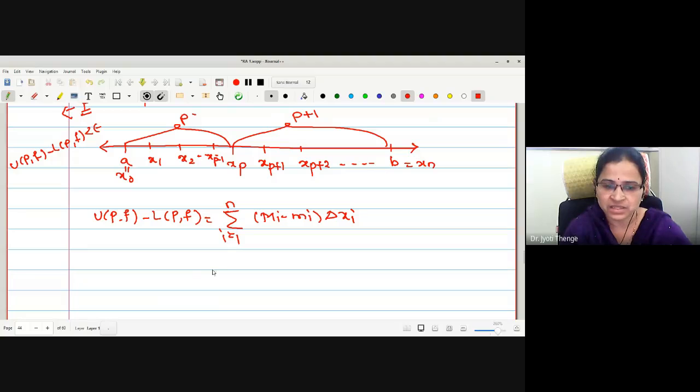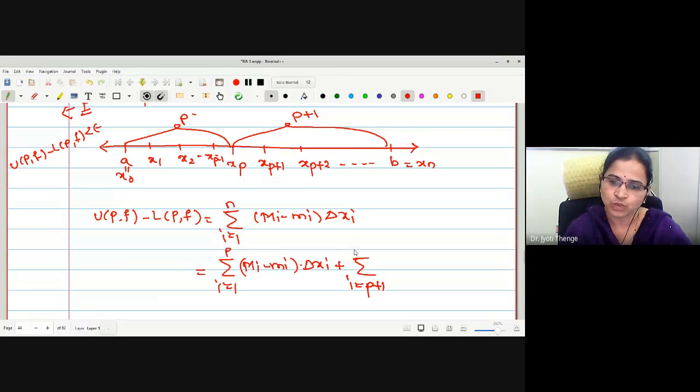Now we will divide the sum into two parts: first p subintervals and remaining p plus 1 subintervals. This is summation i equals 1 to p of capital Mi minus small mi into delta xi, added with summation i equals p plus 1 to n of capital Mi minus small mi into delta xi.